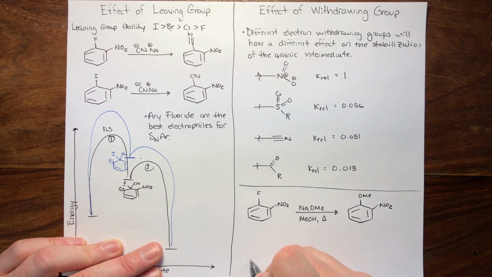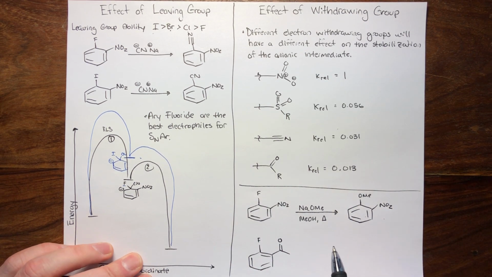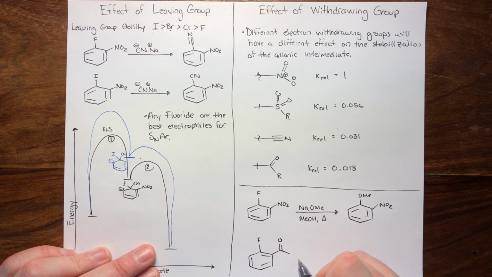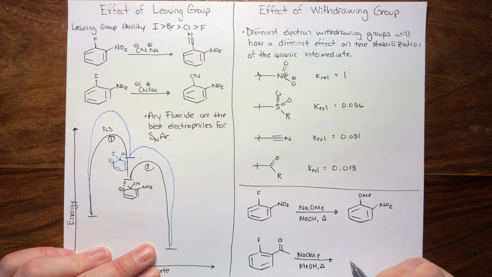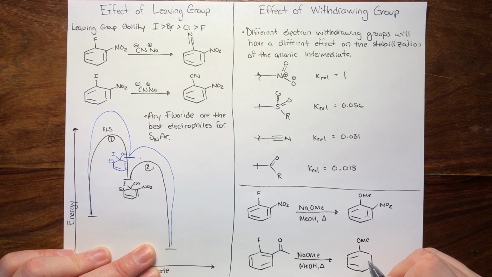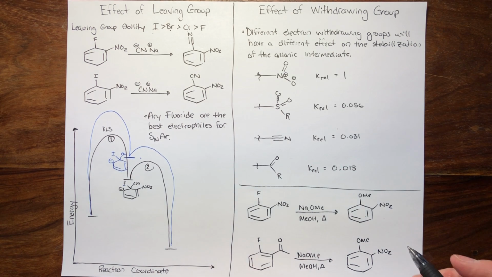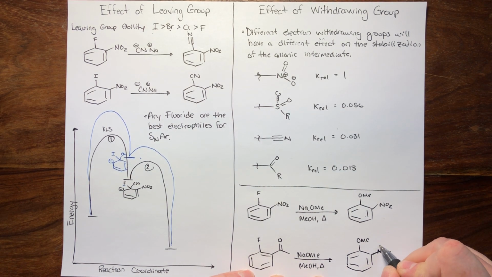We can do the same thing if we have a ketone, ortho-fluoroacetophenone. Again, if we take sodium methoxide and methanol, heat it up to the same temperature as the reaction above, we'll be able to accomplish that substitution and make the same product. Oh, sorry, that should be a ketone.